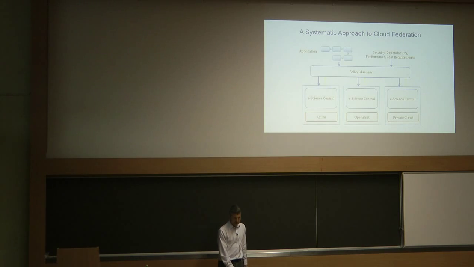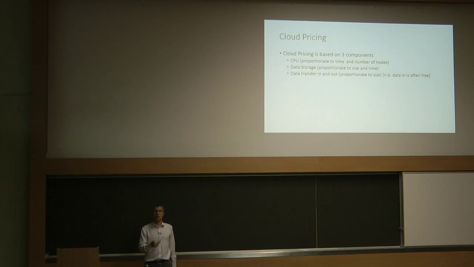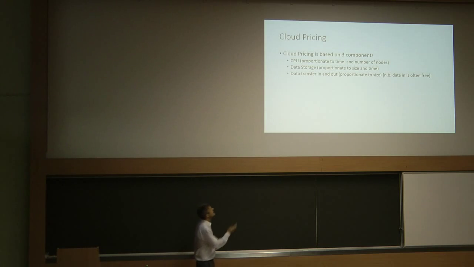So for that, we need to understand how cloud providers charge for their clouds. And in the main, this is the sort of way in which they do it. They charge you for an amount of CPU, which is proportionate to the time that you're using those CPUs for, and the number of CPUs, the number of nodes that you're using on a cloud.